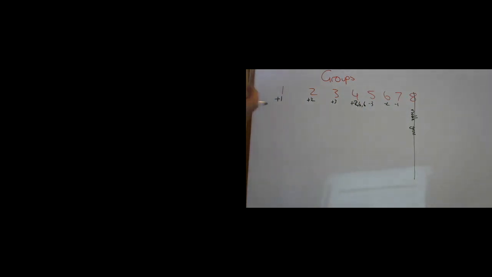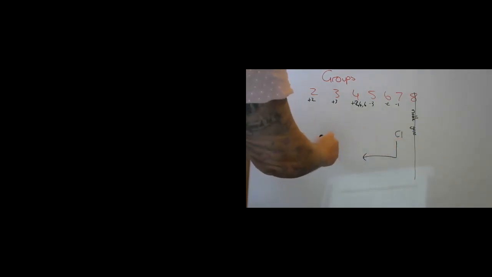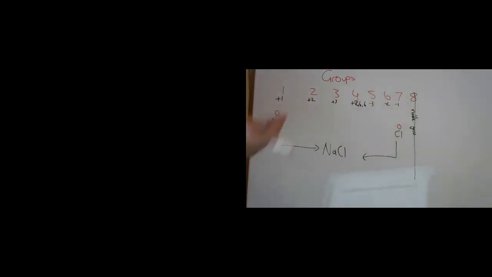So if we were looking at naming the compounds, so if we have sodium and chlorine, would combine to create Na. So when they are by themselves, they do not have a charge. Their oxidation state is 0.